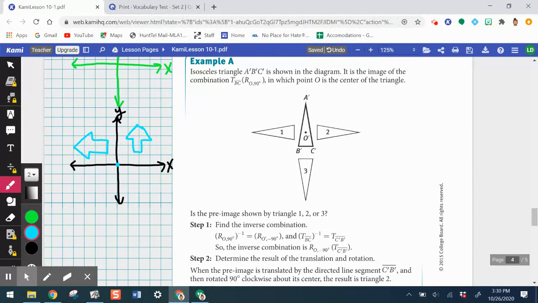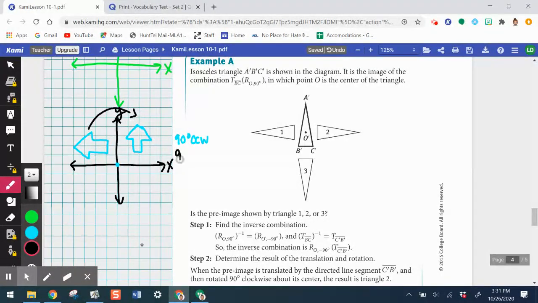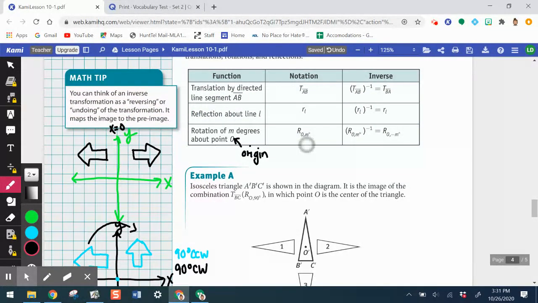Again, we're not getting exact, but that was 90 degrees counterclockwise, which would have been a positive 90 degrees. And to go in reverse order, we would just go 90 degrees clockwise, which would be a negative 90 degrees. And so that's representing this information here, that whatever degree of rotation we rotate, to do the exact opposite, we just make the negative form of it.